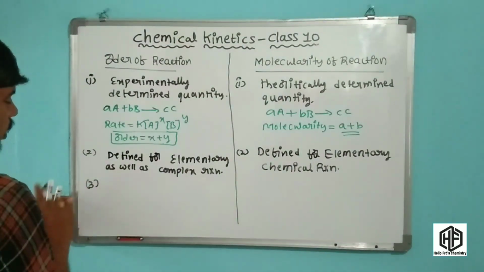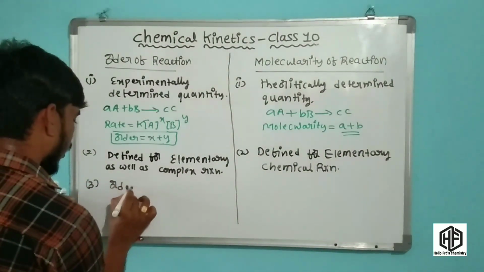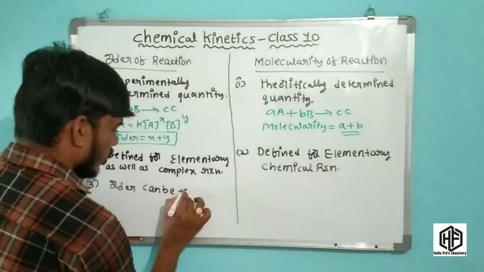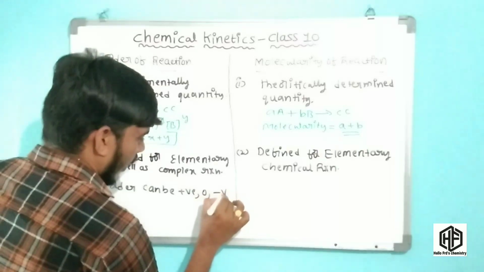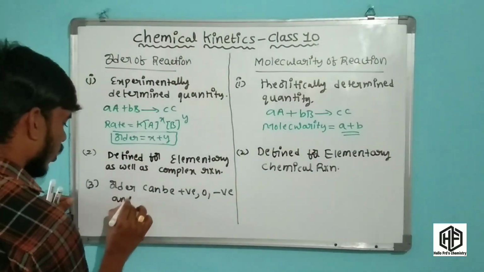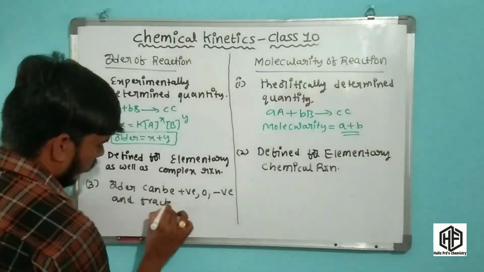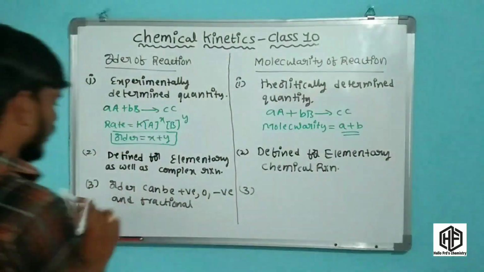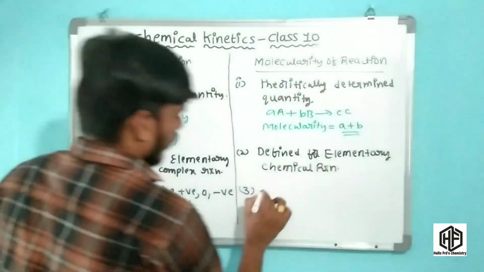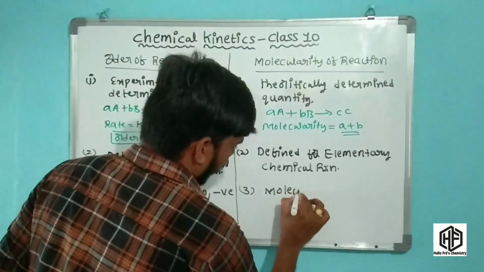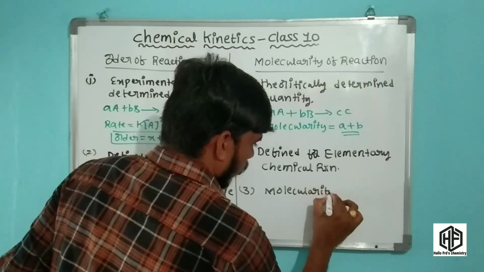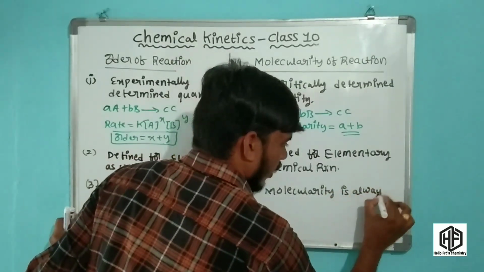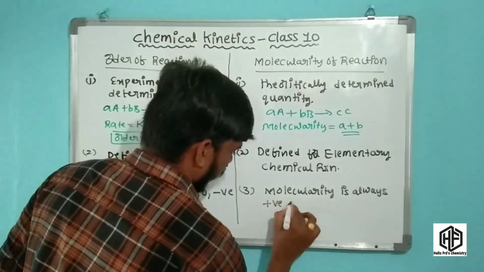And the third important point is that order can be positive, zero, negative and fractional, but molecularity is always a positive integer.